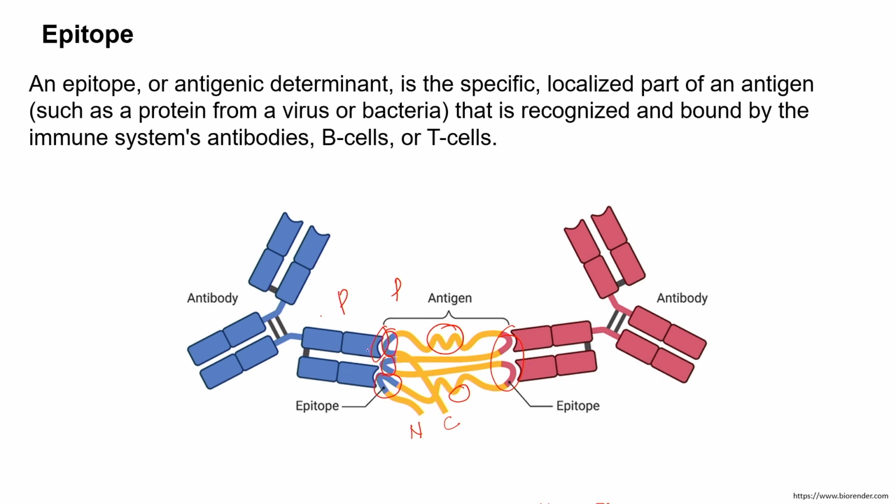The domain of the antibody protein is interacting with this particular site of an antigen, and this particular site of an antigen is what we call the epitope of an antigen. There are criteria which decide this antigenicity, or what factors cause this particular area to be called an antigen, which we'll look into in detail.